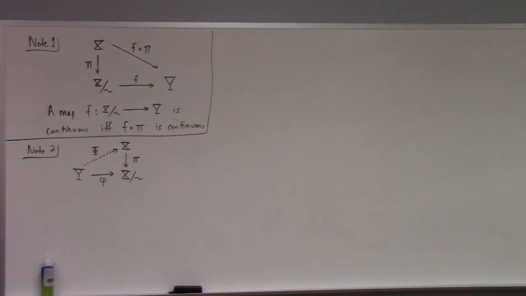He says there's no corresponding universal criterion for the continuity of a map going from Y to the quotient of X by tilde, but the following trivial observation is often useful.